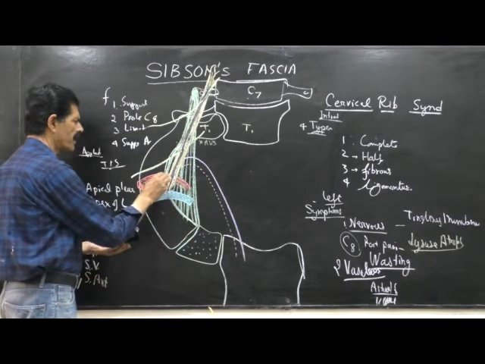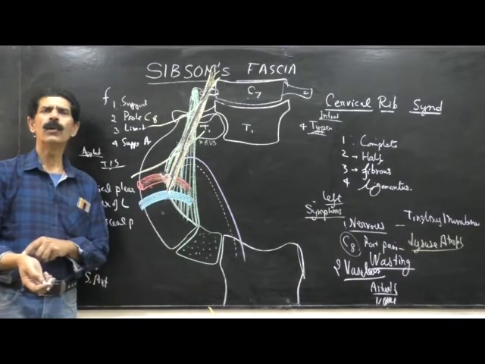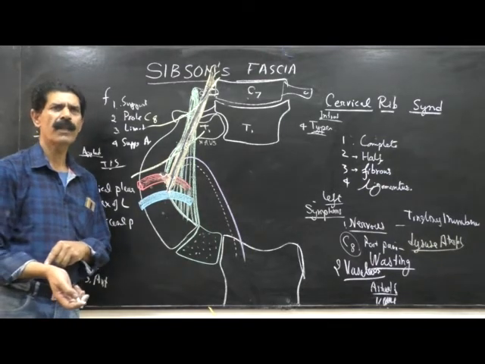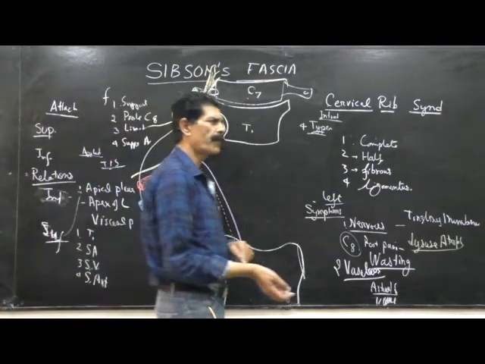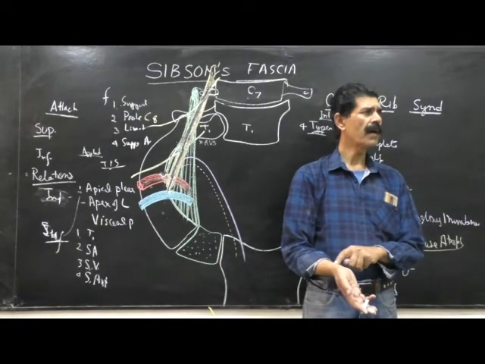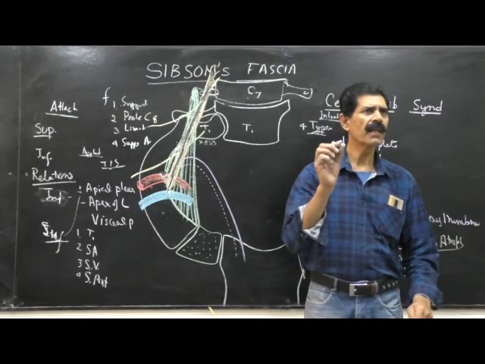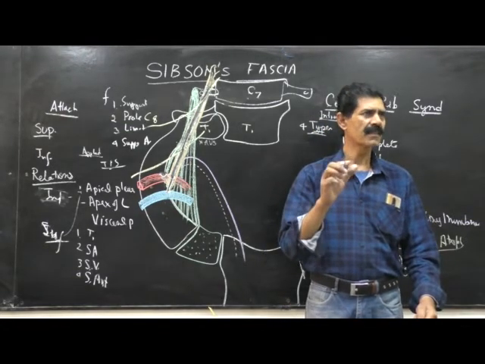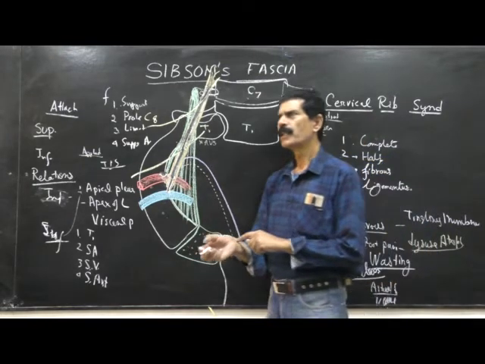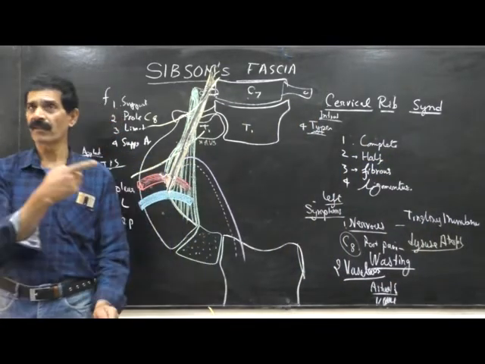Maybe it is half compressed. If so, there will be low volume of blood going to the upper limb, and the radial pulse, which we check against the lower end of the radius bone, will have less volume. And because of less volume, the pulse becomes weak. So that is the sign.